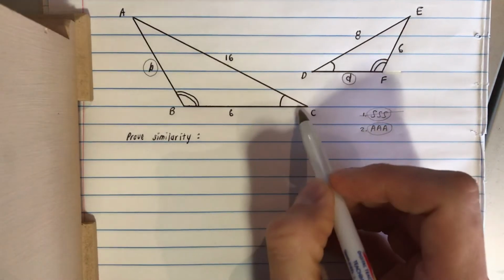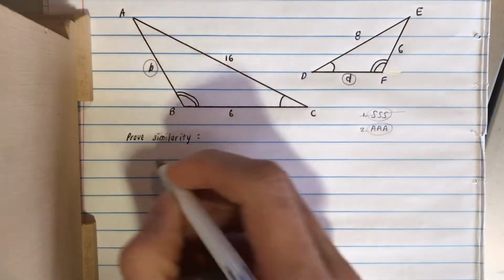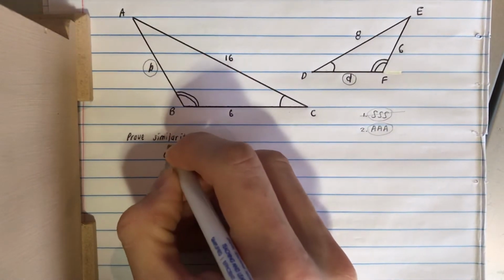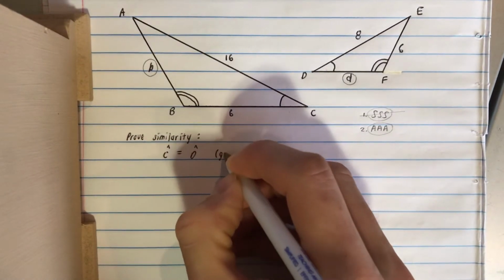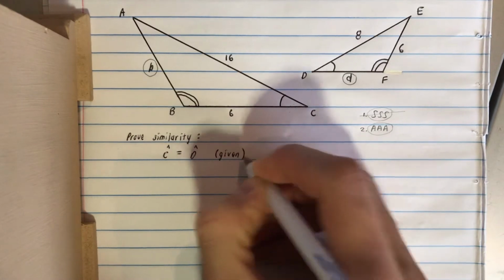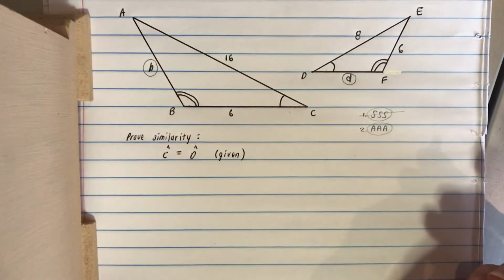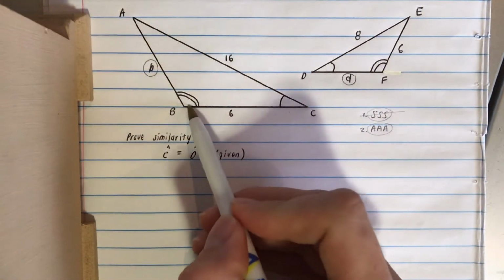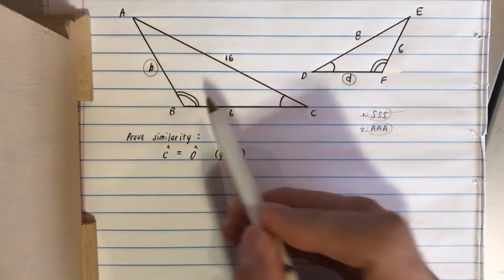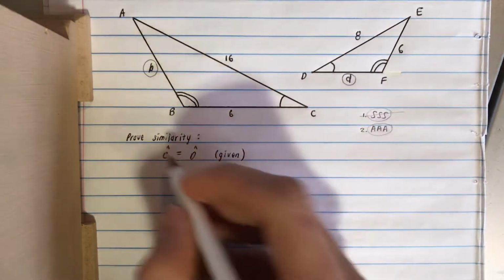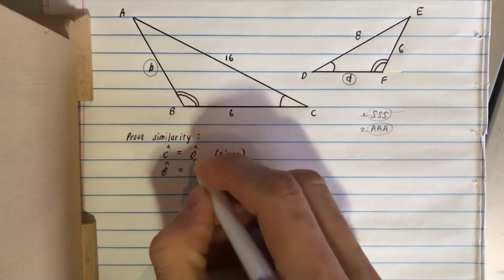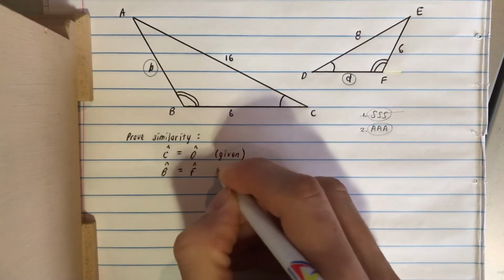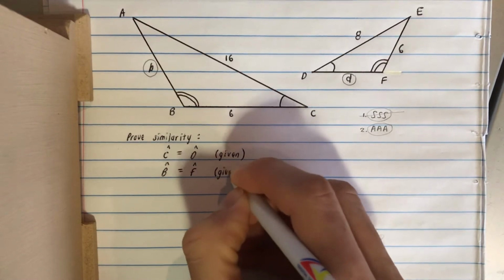So first we're going to say angle C is equal to angle D. And we're going to say that it's given, right? Because it's given to us in the figures. Now we can also say angle B is equal to angle F, because they are corresponding angles and they are the same. It's also given to us.